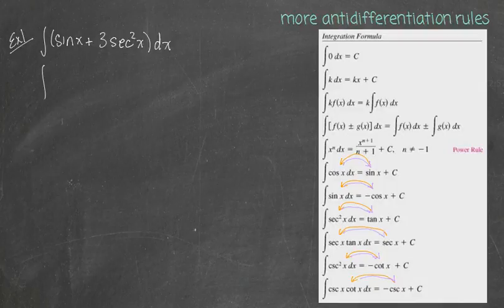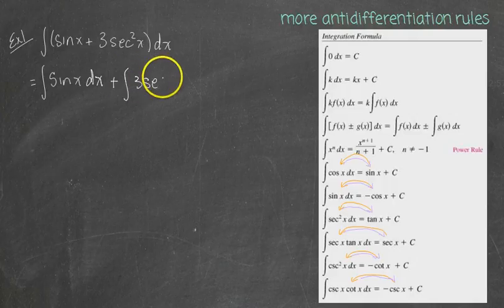So let's just go ahead and break this apart into two separate integrals. The antiderivative of sine x dx plus the antiderivative of 3 secant squared x dx. Well, first, the antiderivative of sine x, we know from here, is negative cos x.